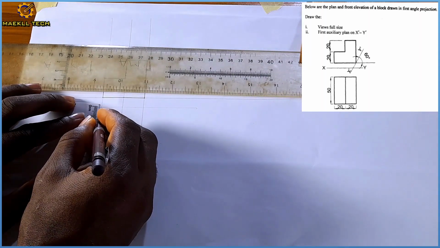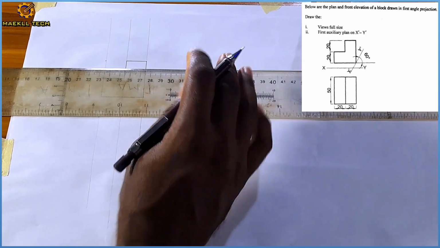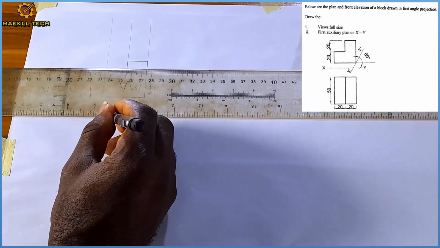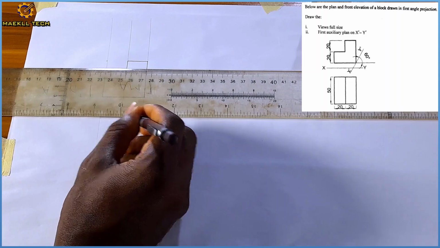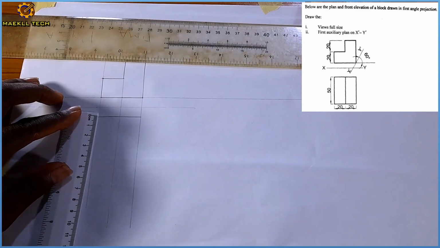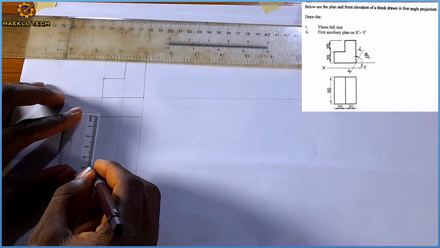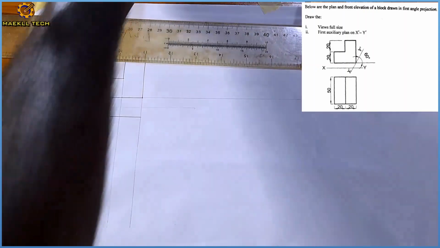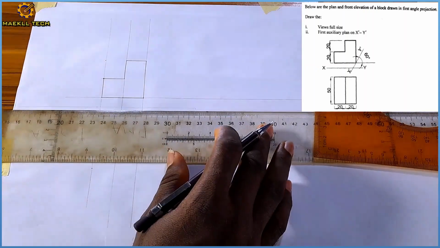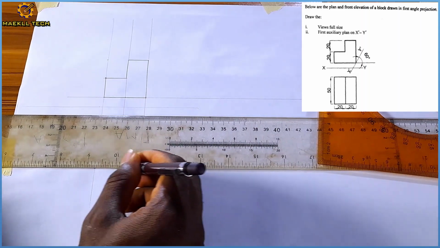The second 10 mm I pick, I'm going to make that bold like this. From here to here is going to be bold, and the other height there is 50, which is our plan. I'm going to thicken this mark of 50 also.